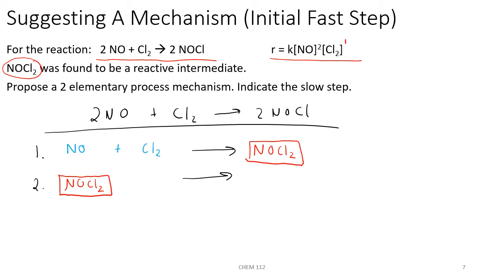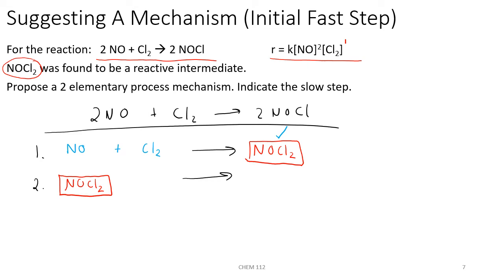And if that happens, we have NO plus Cl2. All of those atoms add up to give us this reactive intermediate. So I'm not going to put any product down on the product side of step number 1 because I've already used up all my atoms with law of conservation of mass just to form that reactive intermediate.